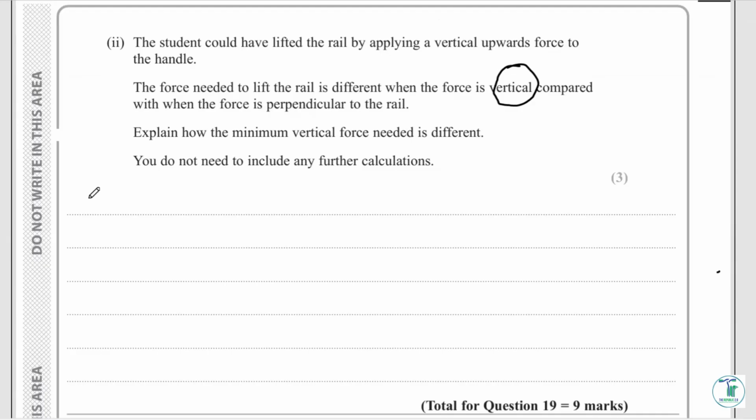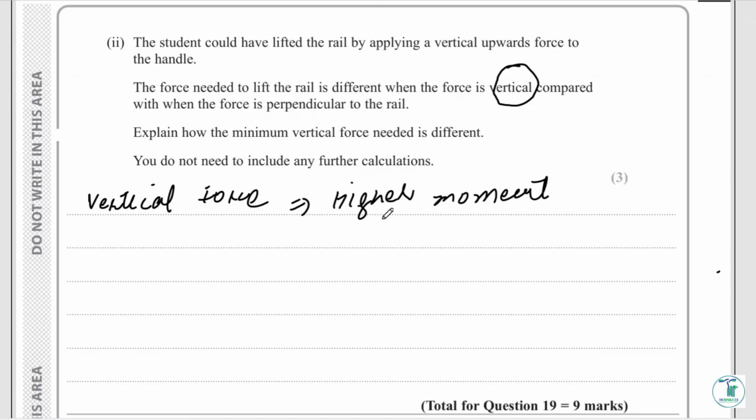So for example, if you're applying the vertical force, what does that mean? That you need a greater moment, right? Because the moment arm should reduce, right? If there is a higher moment needed, what does that mean?